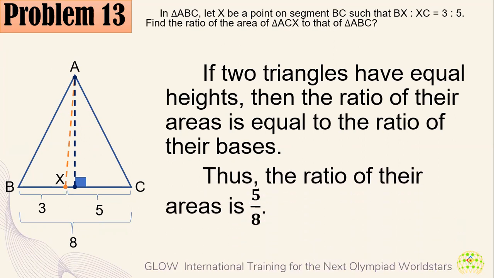Thus, the ratio of the area of ACX to that of ABC: remember, ACX has a base of 5. ABC has a base of 8. Since they share the same height, the ratio of their areas is the ratio of their bases, which is 5:8, or 5/8.